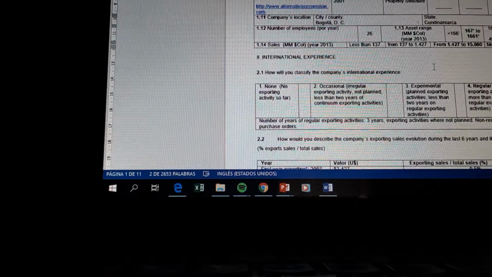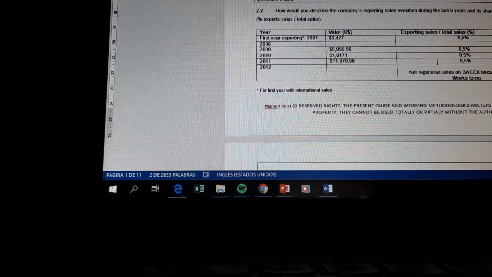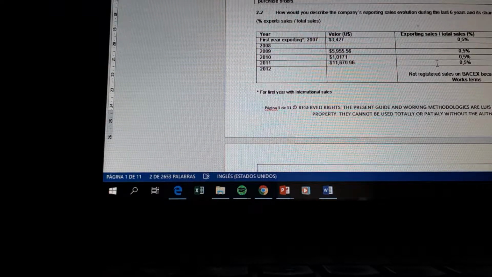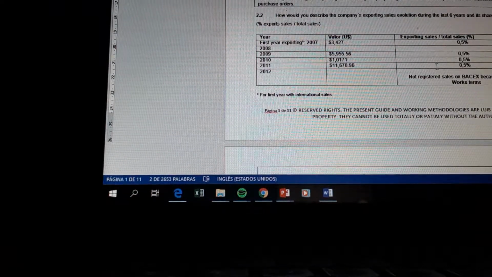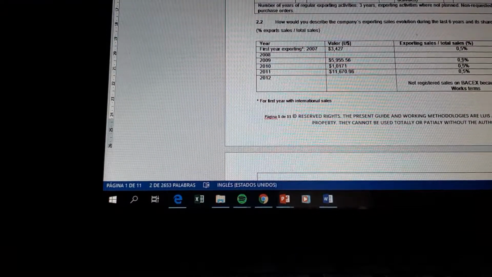Here you will find all kinds of information that are closely related to what the exporting potential Excel file is looking for. Exporting sales, many data about where the company is actually exporting and in what percentages, and to which countries or markets.